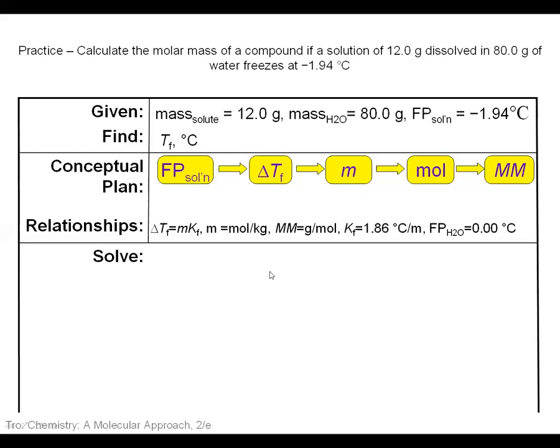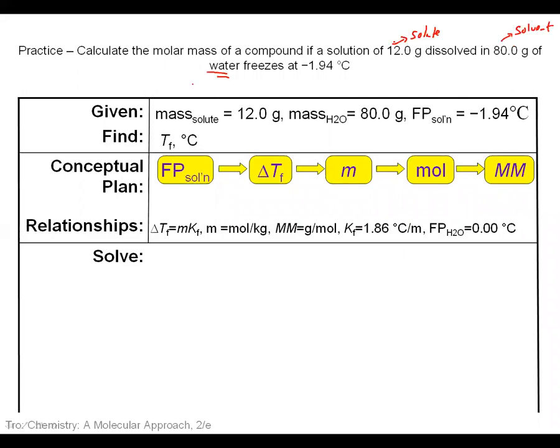We want to calculate the molar mass of a compound, if 12 grams of it is dissolved in 80 grams of water, and that solution freezes at minus 1.94 degrees Celsius. So this is our solute, and the larger part is our solvent.